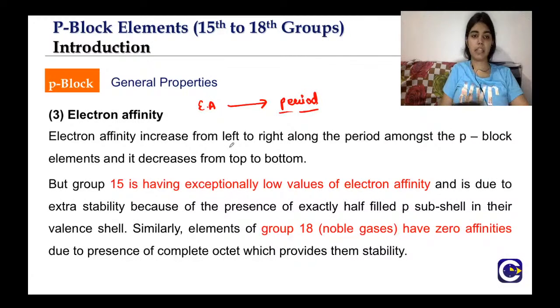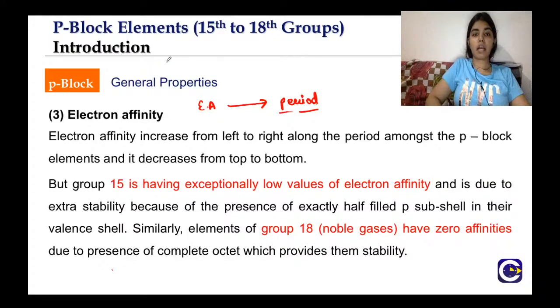See, there is a difference between electron affinity and electronegativity, right? Electron affinity is the tendency of gaining an electron in an isolated gaseous atom, but in electronegativity, the atom is in the bonded state, and the tendency of the atom to attract the shared pair of electrons in a compound is known as electronegativity.